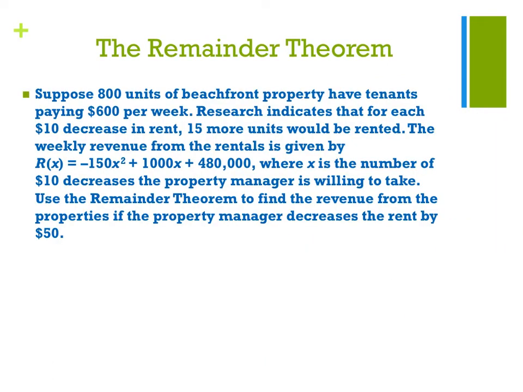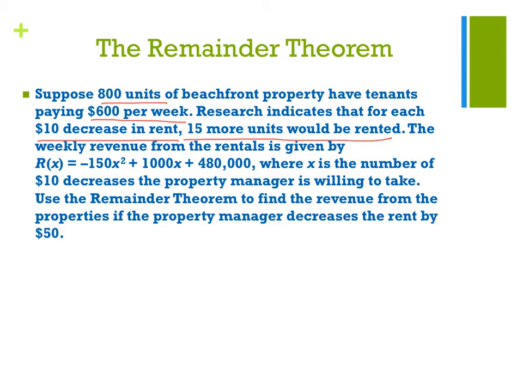So we're going to look at an example here. It says, suppose 800 units of a beachfront property have tenants paying $600 per week. 800 units, $600 per week. I'm underlining the key information here. Research indicates that for each $10 decrease in rent, 15 more units would be rented.